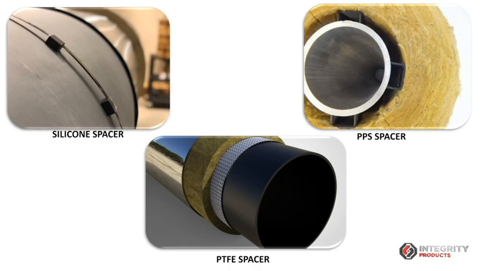And here are some snapshots of how they look once in place. With the silicone spacer, we need the banding wire. With the PPS spacer, it can be installed by direct stabbing without any other wires. And in the third picture, we can see this PTFE or Teflon spacer wrap installed between the pipe and the insulation, and also the shiny cladding.